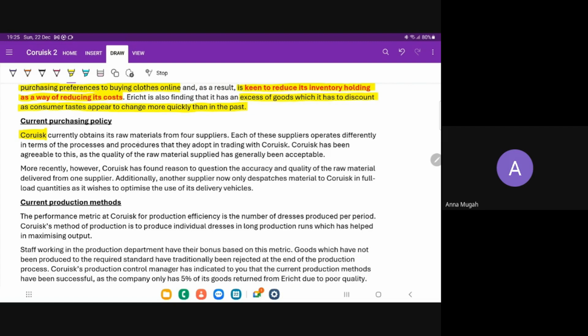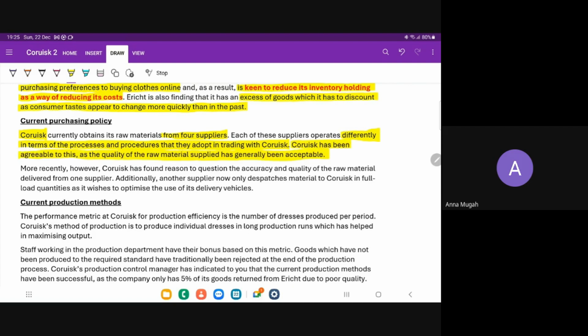Corsic currently obtains its raw material from 4 suppliers, right? Each of these suppliers operates differently in terms of processes and procedures that they adopt in trading with Corsic. Corsic has been agreeable to this as the quality of the raw material supplied has generally been acceptable, right?